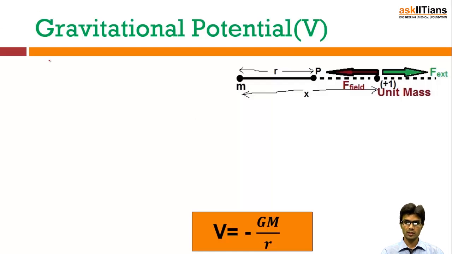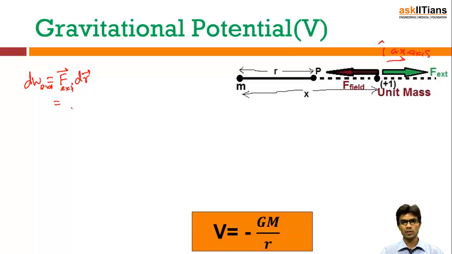We know that small work done is equal to F dot dr. Here F is F external, since we take the work done by the external agent, and F external is in this direction, along the x axis.